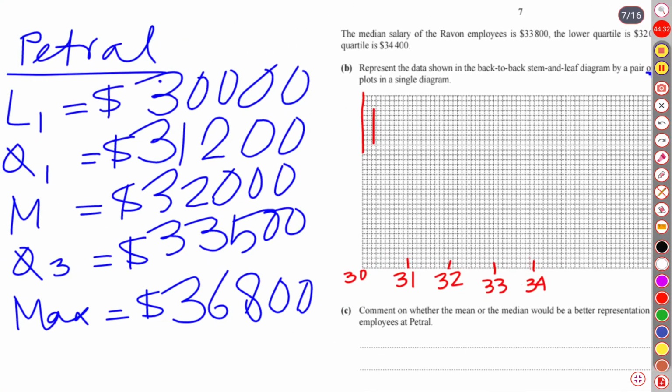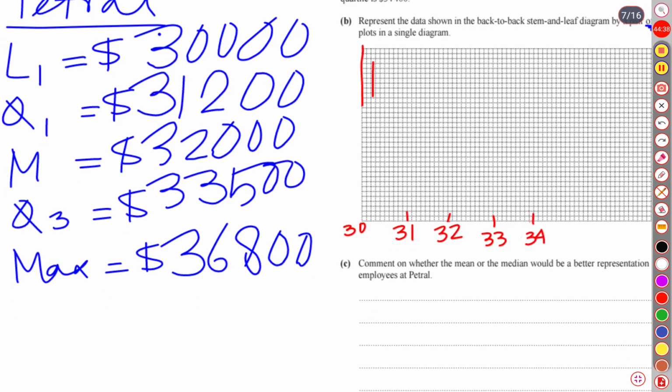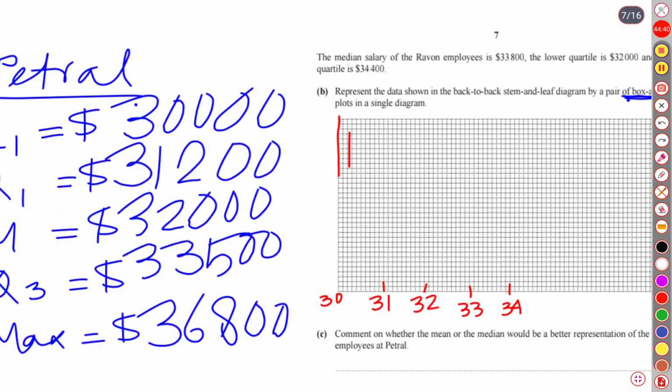lower quartile is 31.2. So 31.2 is, let me erase this, this is no more necessary. Okay. So 31.2, I mean 312. So 31.2 is just this one.